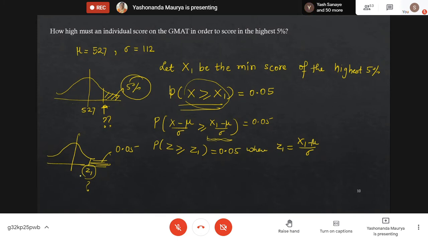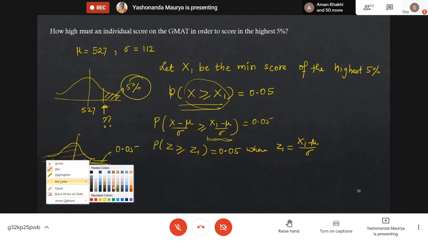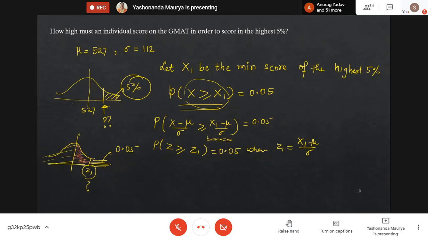1 minus 0.05 will give me what area? It will give me this entire area. And what we have to do is refer to the table. What does our table do? Our table always gives us the values which are lying in this region. So we have to compare this area with this one. Observe that if this area is 0.05, then can you tell me what will be this area?